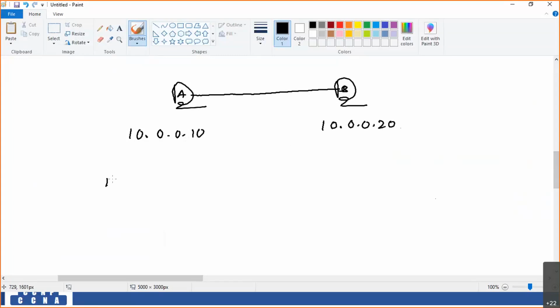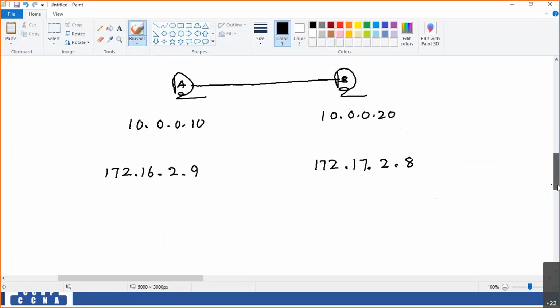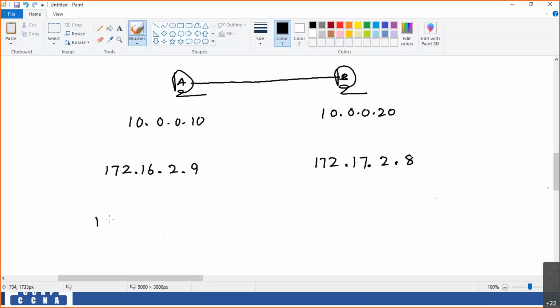Second case: 172.16.2.9 and 172.17.2.8. Next case: 192.168.2.10 and 192.168.2.10.